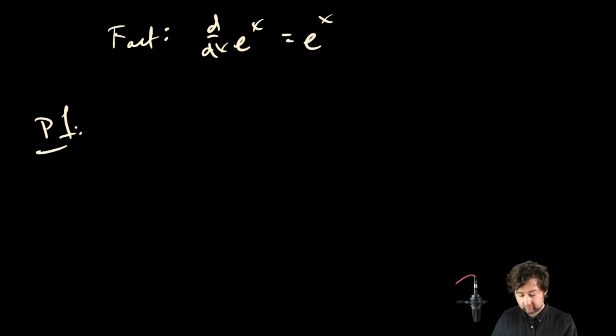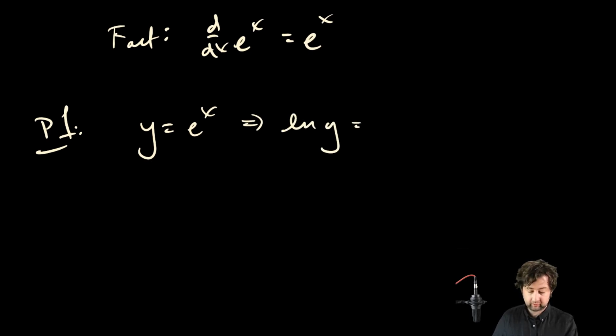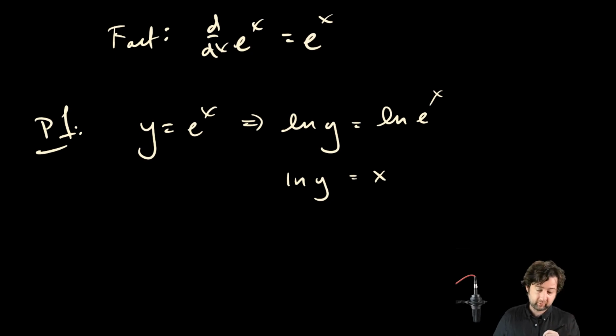So if y is equal to e to the x, then certainly it's the case that the natural log of y is equal to the natural log of e to the x. And so it's also the case that the natural log of y, simplifying, is equal to x. Now take a derivative of both sides. So apply d by dx over here, and apply d by dx over here.